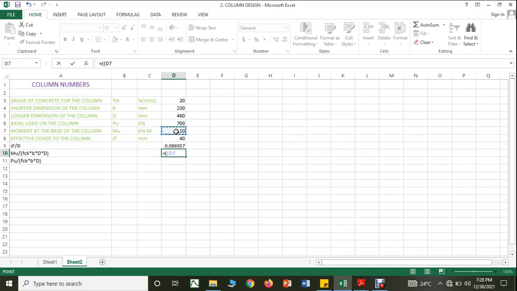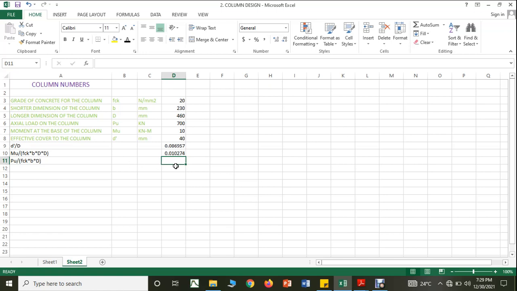Therefore I'll multiply this by this much value, divided by, again I'll open, FCK 20 into B this one into D 2 times, right? Yes. Then I'll close this, I'll give enter. So this is my Mu by FCK BD square.